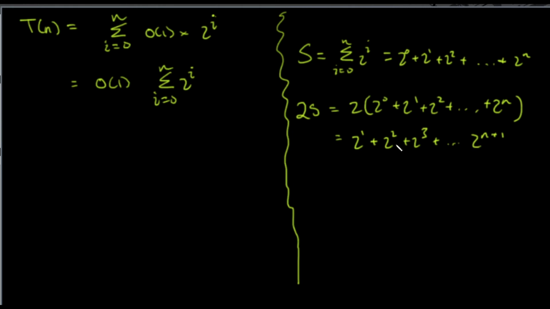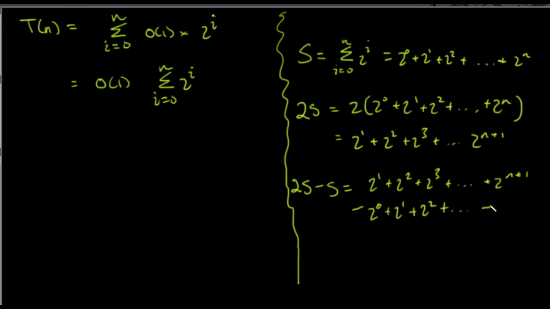The cool thing to notice is that when we subtract one from the other, just about all of the terms cancel out. What I mean by that is take 2S minus S. Then that's just this summation minus this summation, and all of these middle terms are going to cancel out.